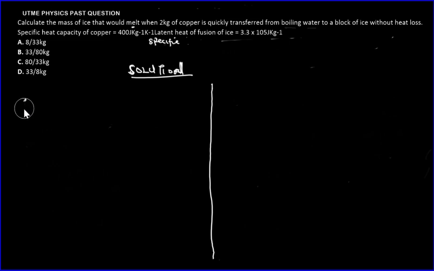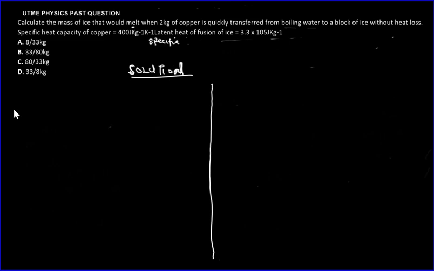The current is the one supplying it, and the other substance is the one gaining it. There is also what we call the method of mixtures, where a substance that has higher heat energy is transferring heat to another one of lower heat energy.